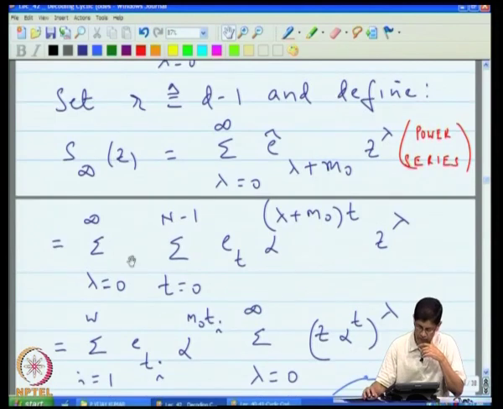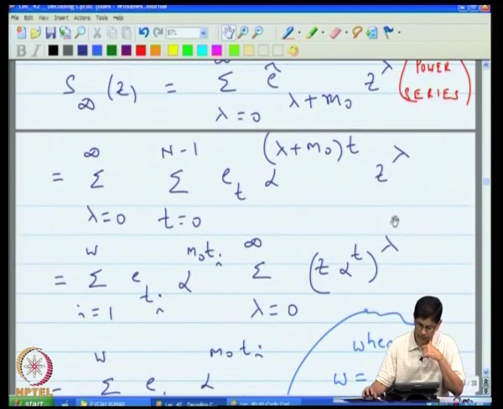Well, we continue this. This is the sum, and then I am going to introduce the definition of E hat of lambda here. So, I replace this by this expression, E hat lambda is the sum over t of E t alpha to the lambda t, and then I have the z lambda. I rewrite this and I do two things here.